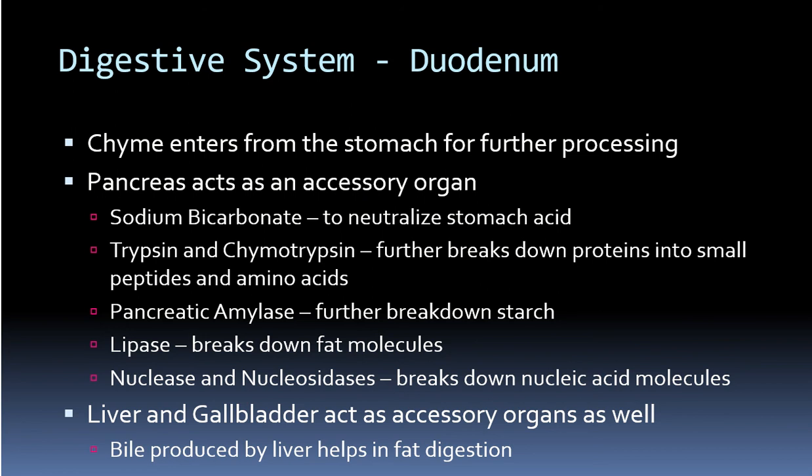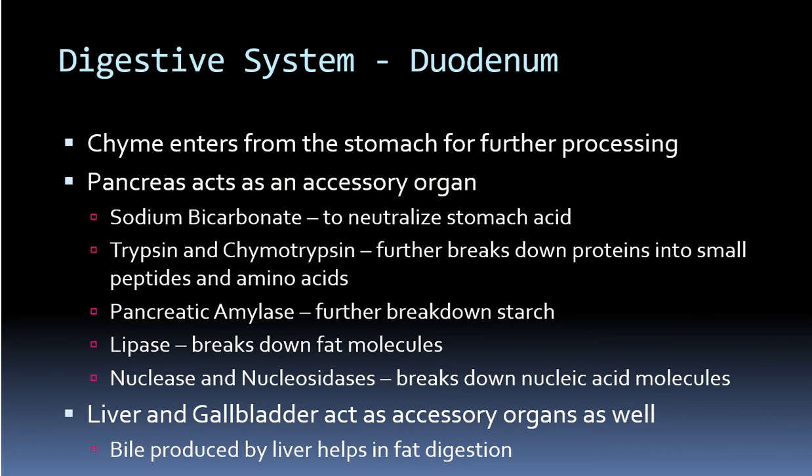The smaller you can break down different food material, the easier it will be to absorb that material. So that's key. The pancreas will also release pancreatic amylase, which, similar to the mouth, which had salivary amylase, further breaks down starch. Lipase will also be released, which helps break down lipids, aka fat molecules.